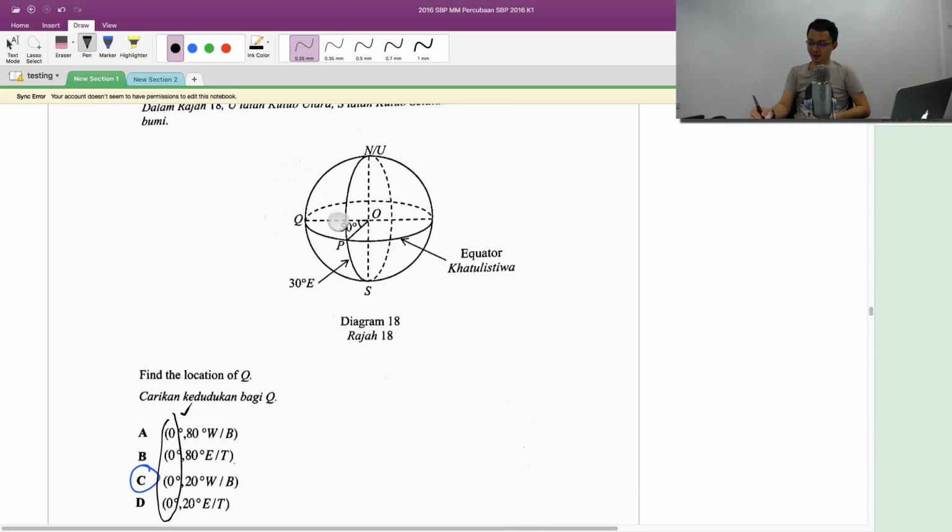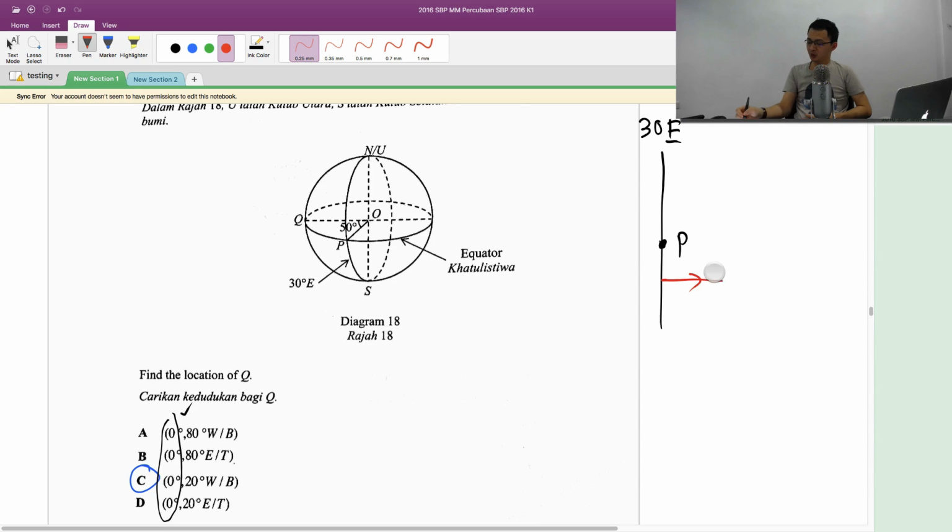So I want to explain about P moving to Q. So let's say P is somewhere here. It doesn't matter, P is somewhere here. Okay, this is P. And this one is 30 east. Then you have to understand how the angle moves.